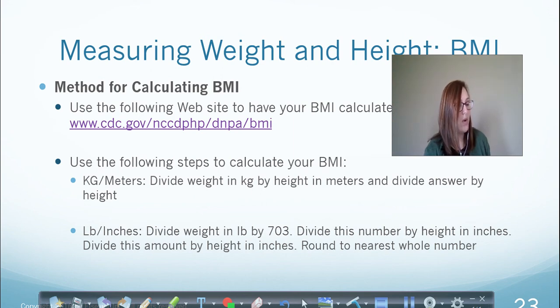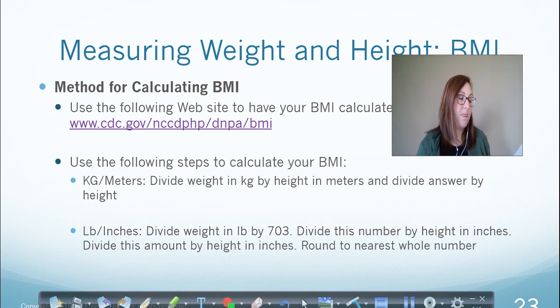So when you multiply 135 by 703, you get 94,905. If their height is 66 inches, then what you would do is divide that 94,905, you divide that by the 66, and you get 1,438. You again divide that by height, that number. So that 1,438, you're going to divide that by 66.